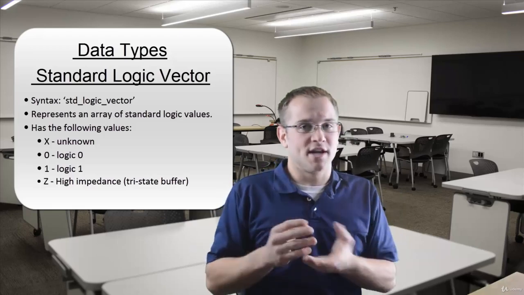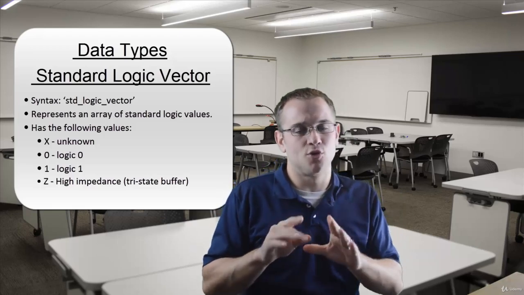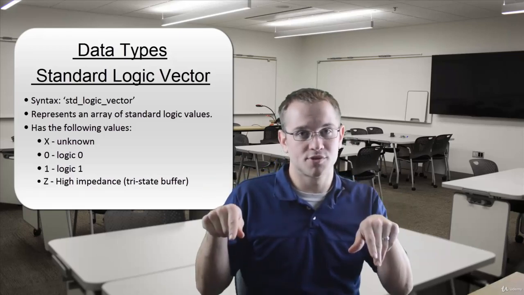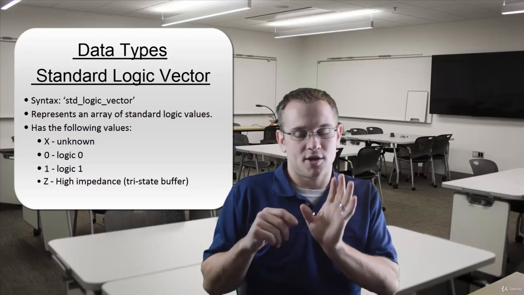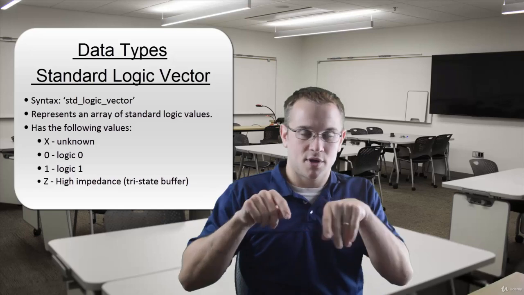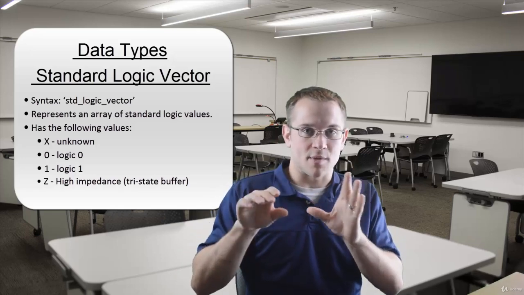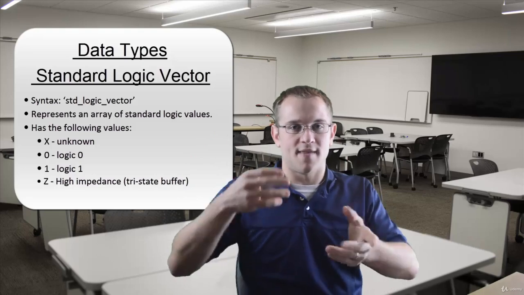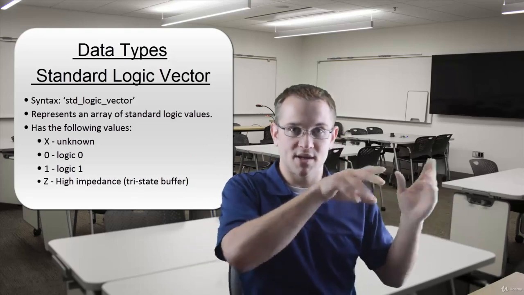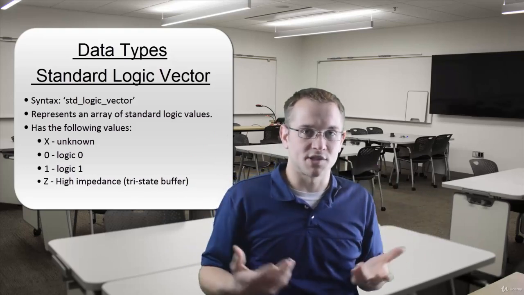When you're assigning values to a standard logic vector, you want to use double quotes. So if you have a standard logic vector with a width of 3, and you want to assign it all zeros, you would use a signal assignment and then double quote 000 double quote, and that will define all 3 bits in that vector as zeros.